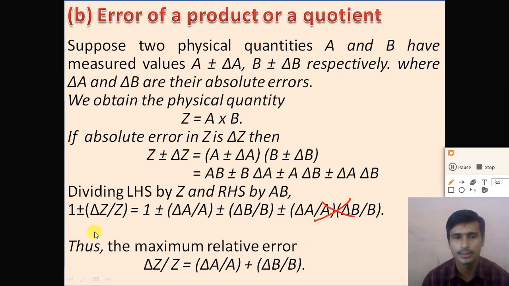Here, in this case, product or quotient, the maximum relative error in Z, delta Z by Z, is equal to delta A by A plus delta B by B.